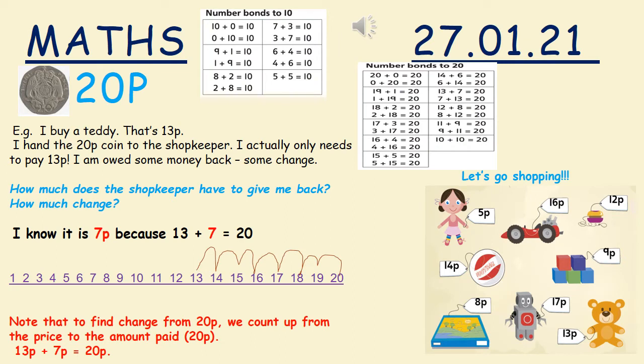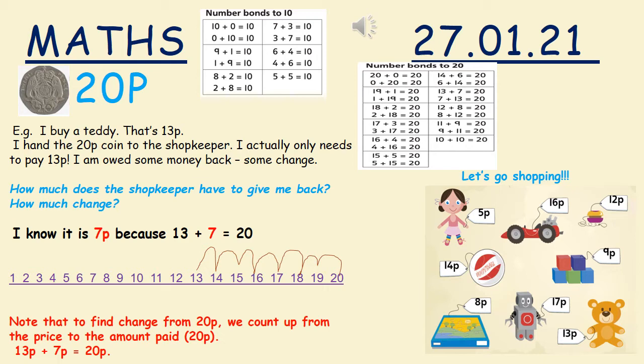Now let's go shopping. I have 20p and let's look at the shop on the right hand side of the screen. I've got lots of things in that shop and I'm going to choose one item to buy. Remember, I have to pay the shopkeeper with 20p, but the item I'm buying is not 20p.